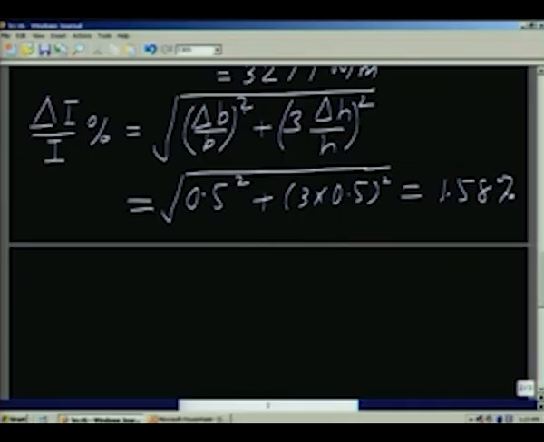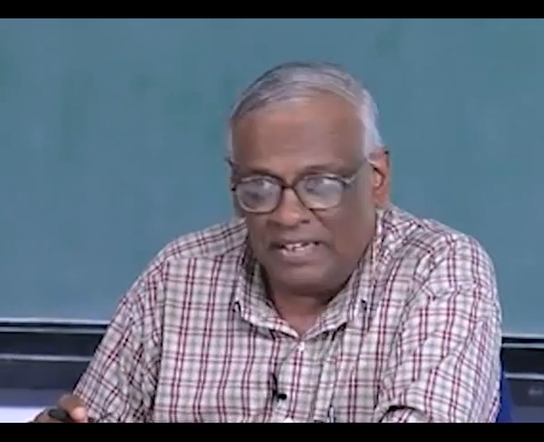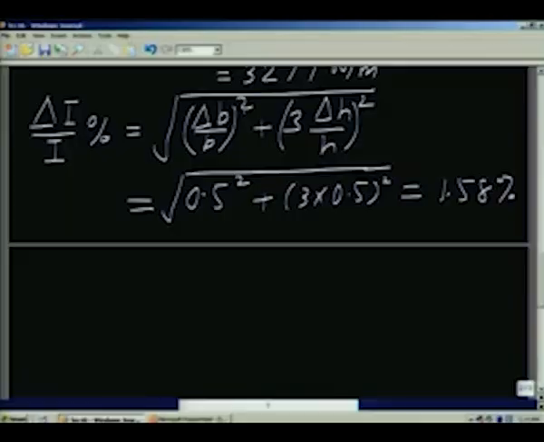So, the moment of inertia is in error by 1.58%, and if you remember the formula K equal to 3 EI by L cube, I is now in error by 1.58%, L is also in error by the same percentage. Therefore, now I can use a similar formula and assume that E itself has no error specified on it. Therefore, we will assume that the error is only due to measurement of various lengths.